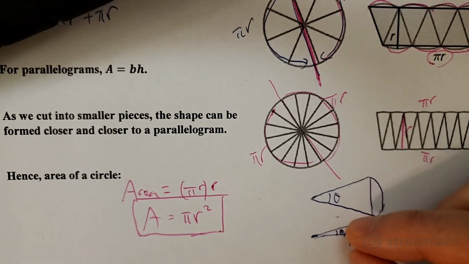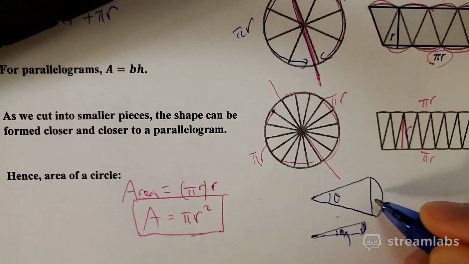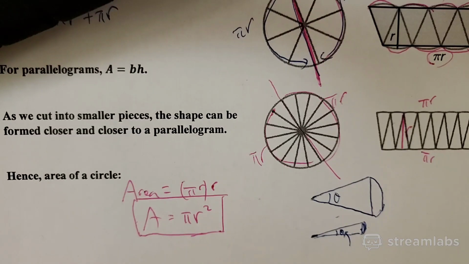Because the smaller the angle is, the closer the arc and the base of the triangle are, right? And eventually they should approach each other. So it's the grand idea of infinity.